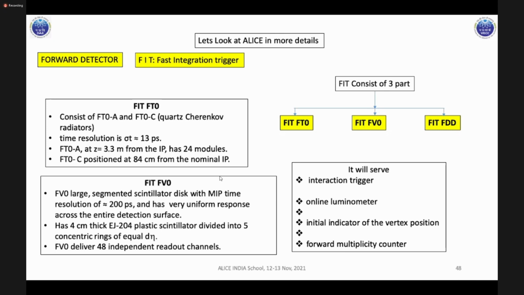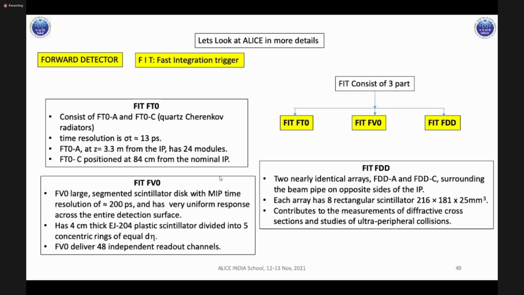It has 4 centimeter thick plastic scintillators, and it is divided into 5 concentric rings of equal delta eta coverage. And FV0 delivers 48 independent readout channels. So it will definitely give very good trigger response.